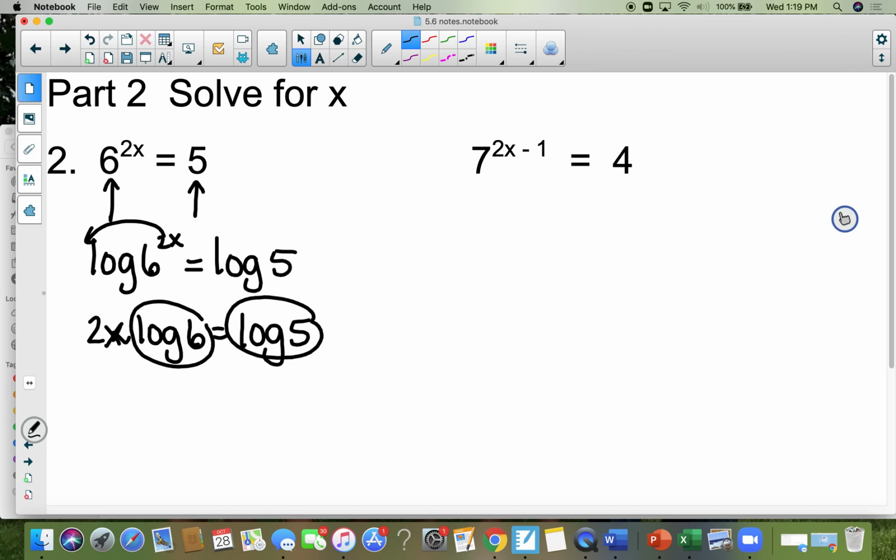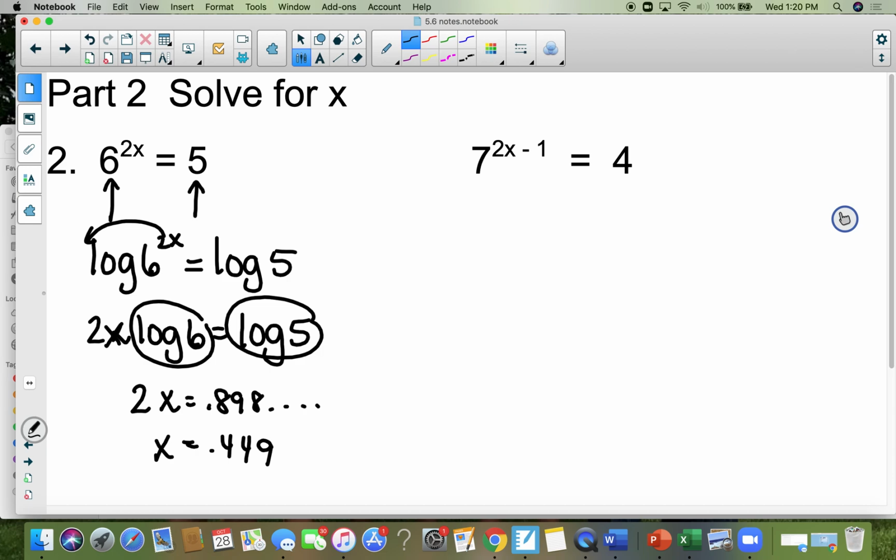Take the log of 5 and divide it by the log of 6 on your calculator. Okay, but then you're still going to have 2x equals some decimal, like 0.898 and so on. But then you still got to divide by 2. You're going to get 0.449. Go up to 3 decimals.